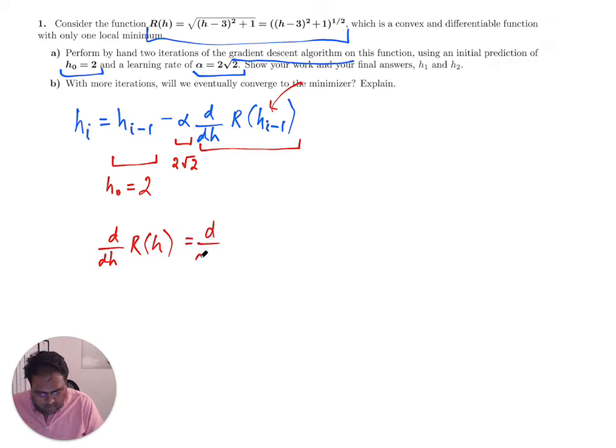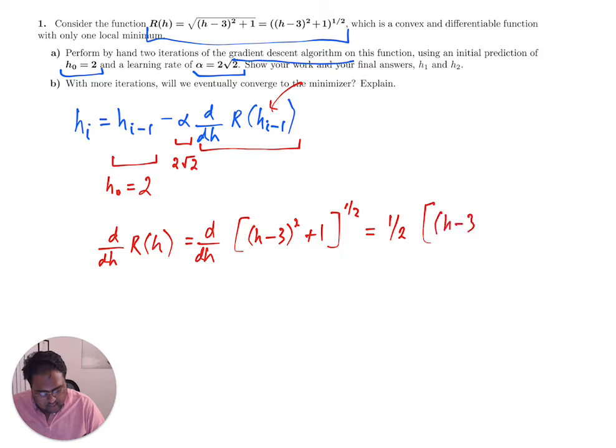And again, I'm told what r of h is. It's this thing, h minus 3 quantity squared plus 1 raised to the exponent 1/2. So I can use the power rule to take its derivative. So this becomes 1/2 times h minus 3 quantity squared plus 1, now raised to the exponent minus 1/2. All of this has to be multiplied by the derivative of whatever's inside here with respect to h.